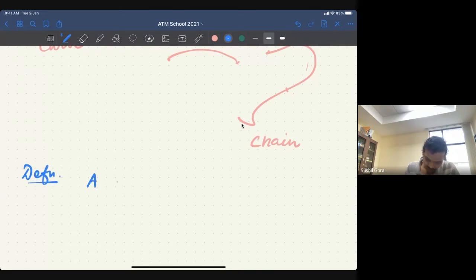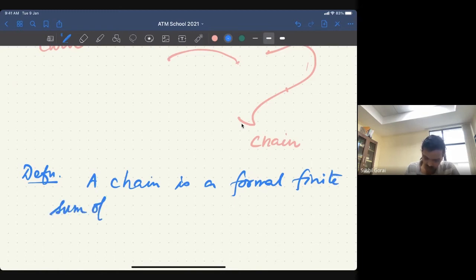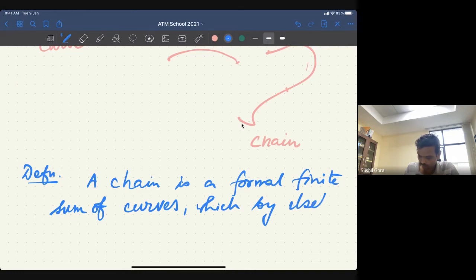A chain is a formal finite sum of curves, which by itself may not be a curve, need not be a curve actually.